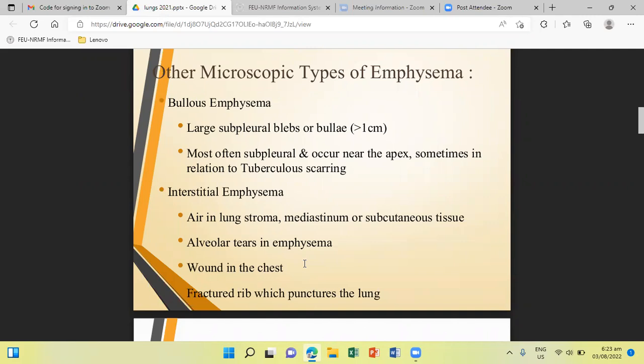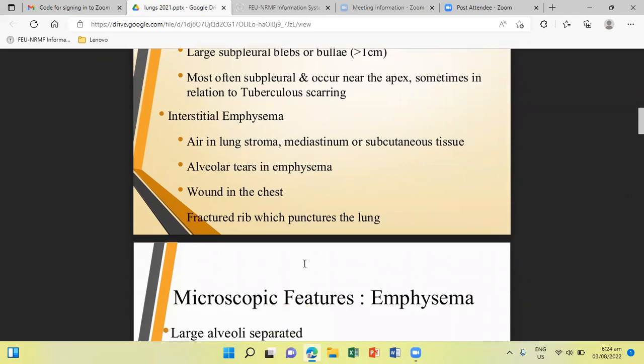In most instances, the alveolar tears in pulmonary emphysema provide the avenue of entrance of air into the stroma of the lung. For example, chest wounds that allow entry of air or fractured ribs that puncture the lung substance are scenarios which may eventually lead to interstitial emphysema.